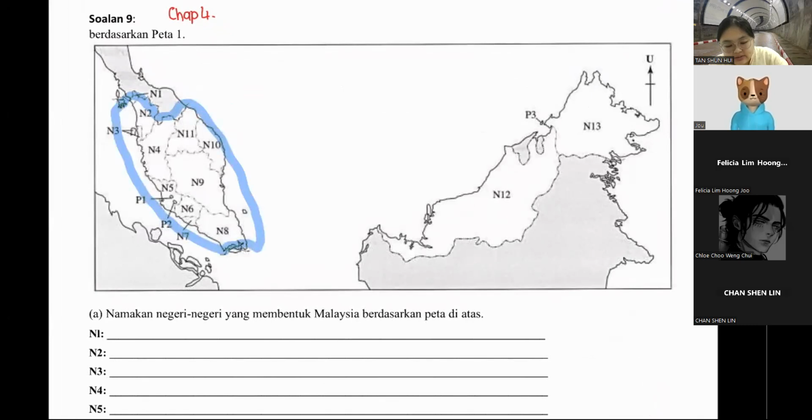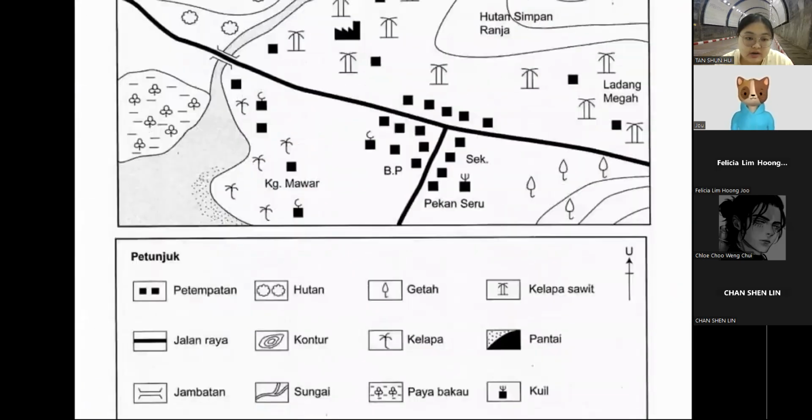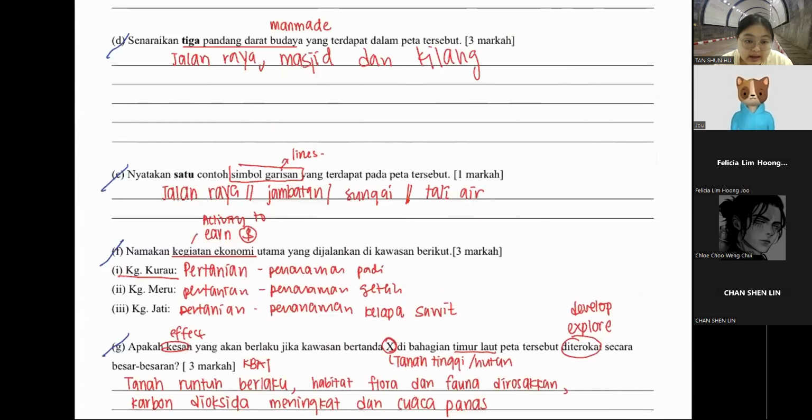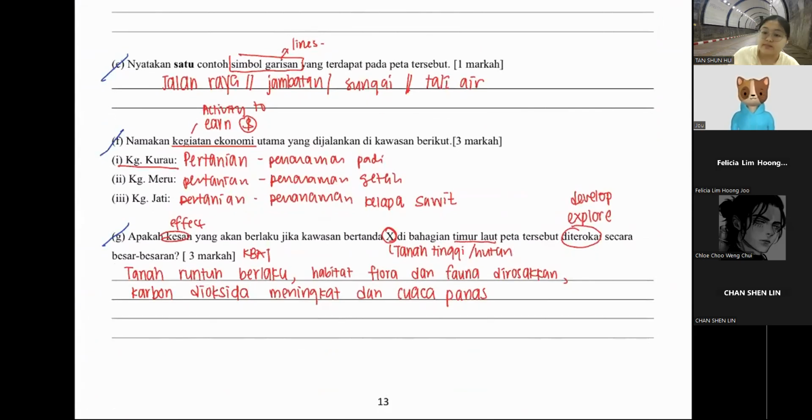The whole land here we call it Semenanjung Malaysia. And the whole island here, we call it, oh, okay, you haven't done that one, is it? Okay, sorry. Page 13.